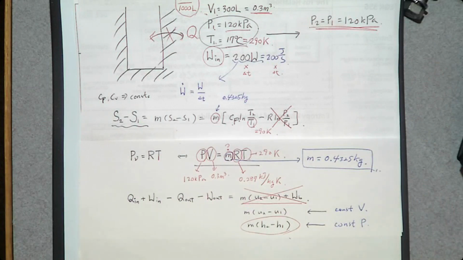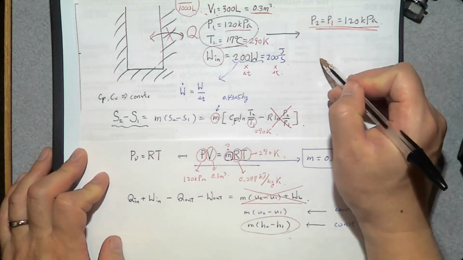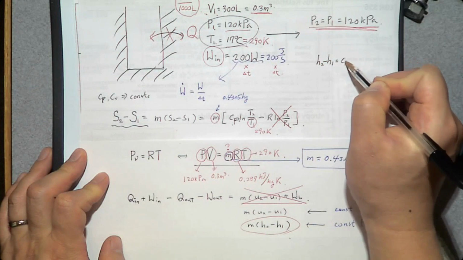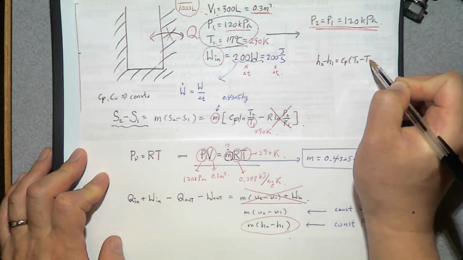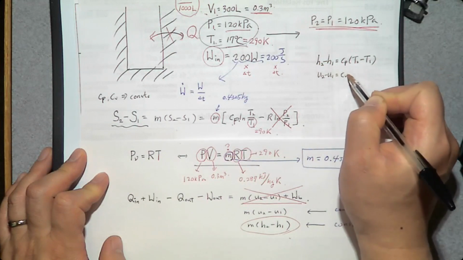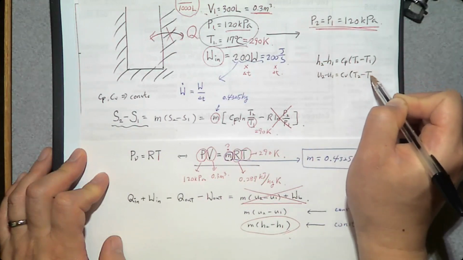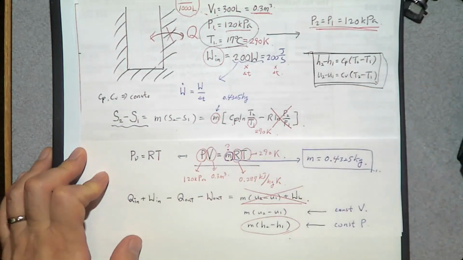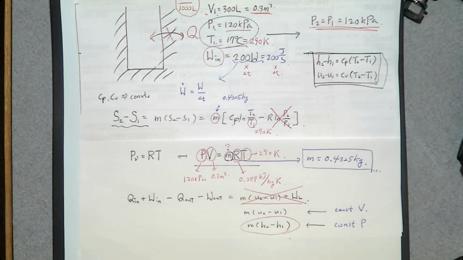Just for your information, specific heat equations are H2 minus H1 is Cp times T2 minus T1, and U2 minus U1 is Cv times T2 minus T1. Of course, we got these equations from chapter 3, Thermodynamics 1. So here, H2 minus H1 can be determined by Cp times T2 minus T1.